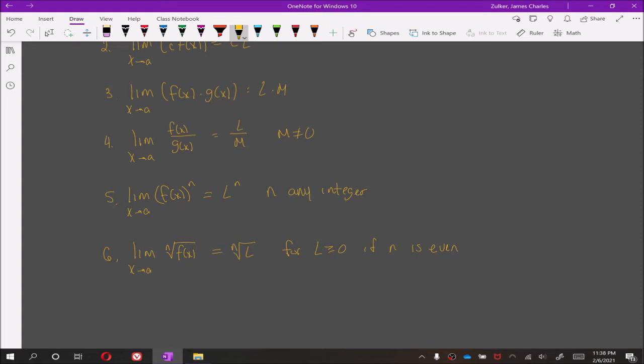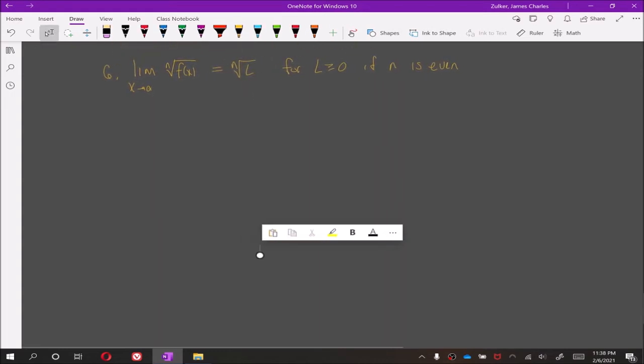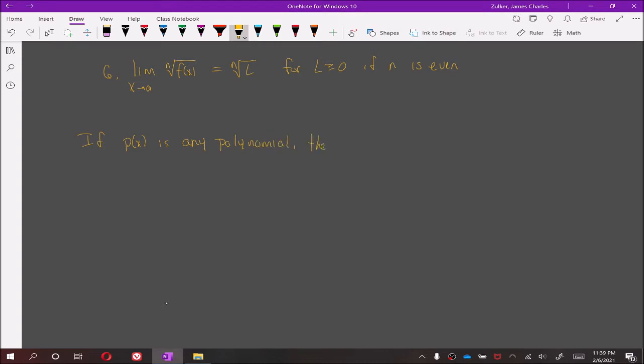From these limit laws, we find that if p of x is any polynomial, then the limit as x approaches a of p of x is equal to p of a.